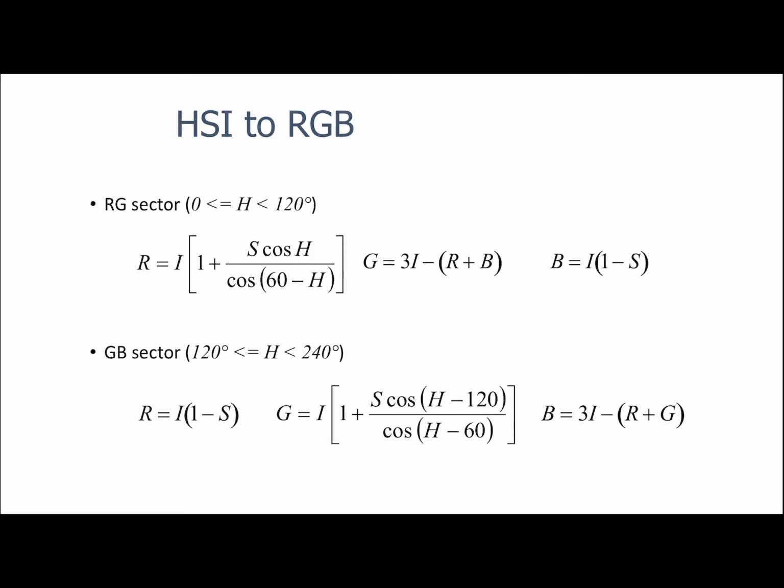As we have converted from RGB space to this HSI space, similarly we should also be able to convert any color specified in the HSI space into components in the RGB space. So far we have done RGB to HSI.